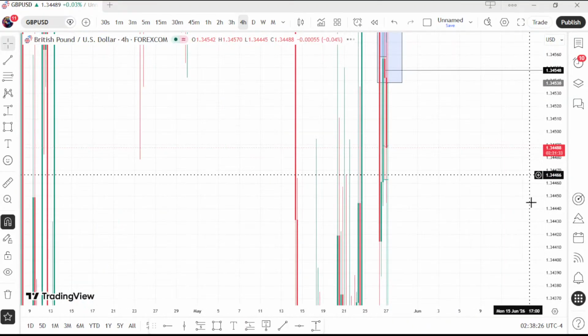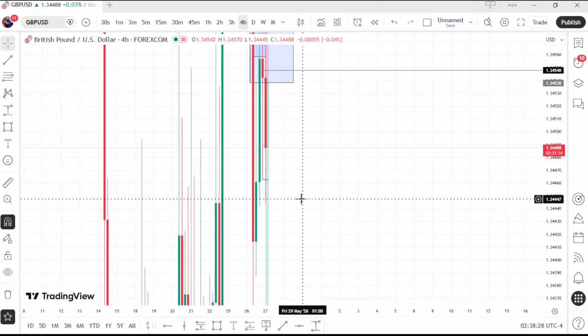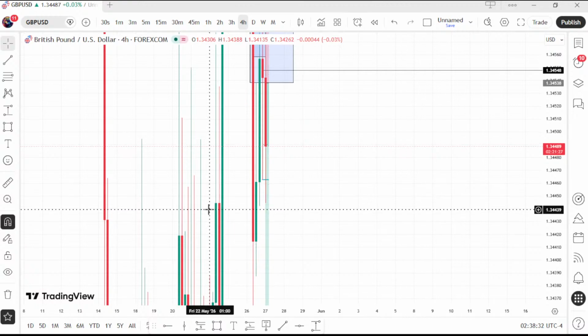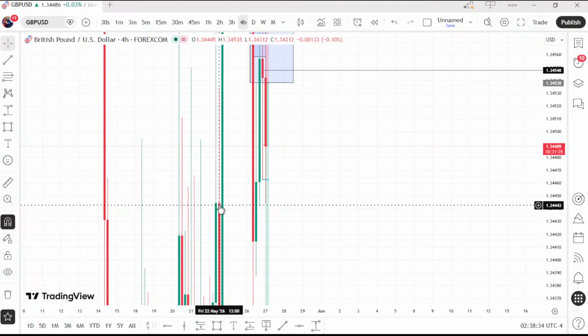What's happening in the 4-hour? There is nothing, but it has started this order block. You see this down close candle there.